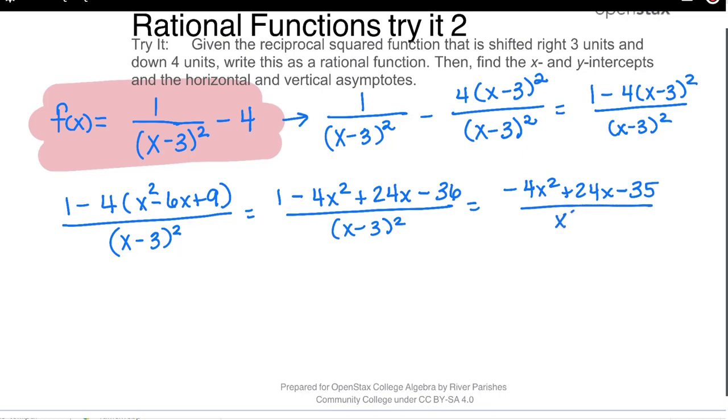And x minus 3 squared is x squared minus 6x plus 9. So I've simplified the function, or expanded it rather, to help me find the intercepts and the asymptotes. So to find the y-intercept, I'm going to set all of the x's equal to 0.